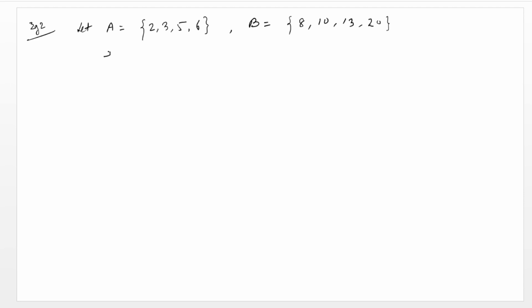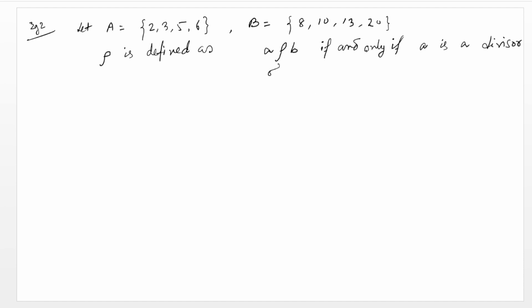The relation rho is defined as: a relates to b if and only if a is a divisor of b, for a belonging to the set A and b belonging to the set B.